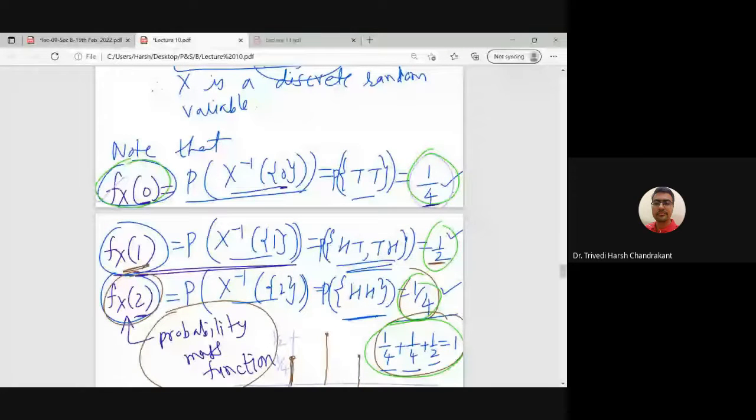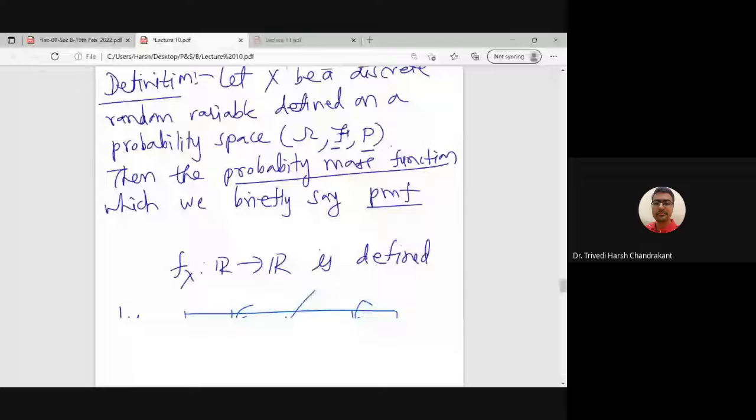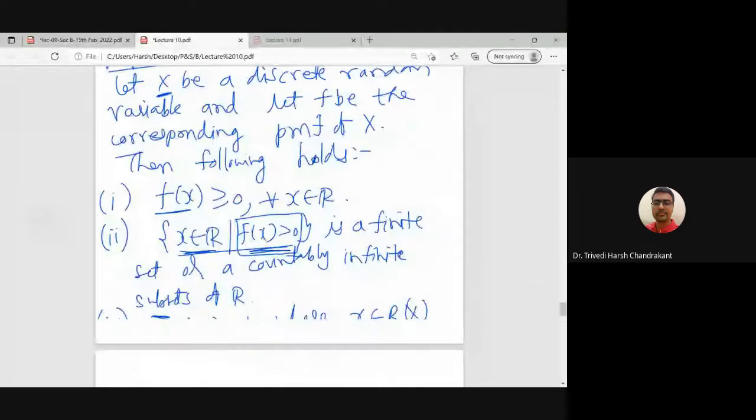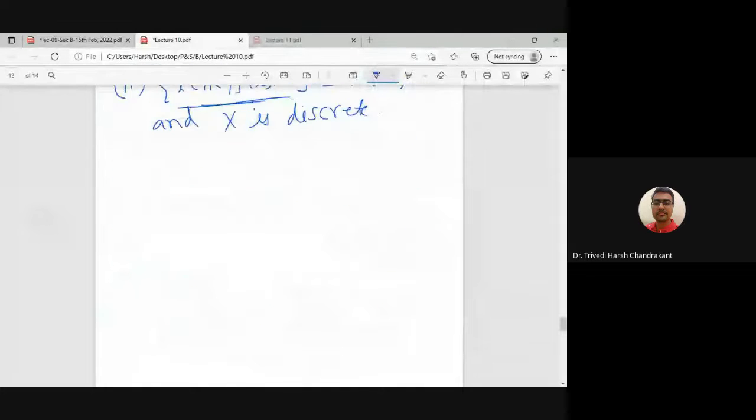And the probability function is countably additive. So that is the reason for this third part of this proposition.